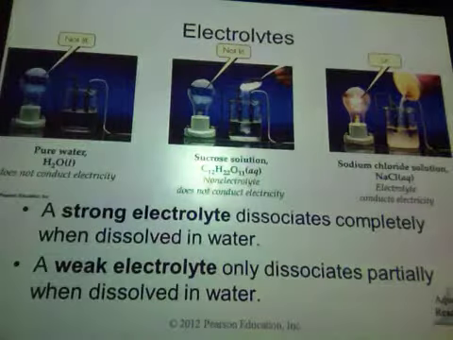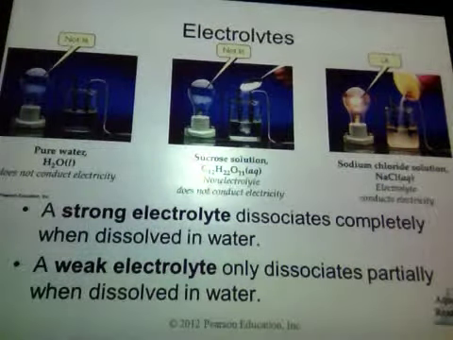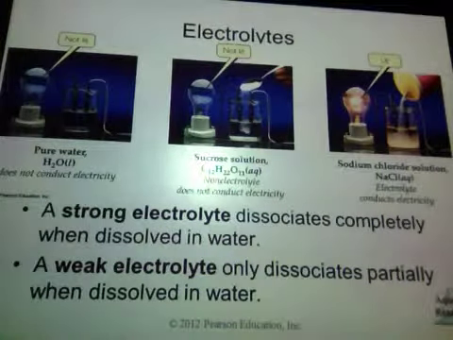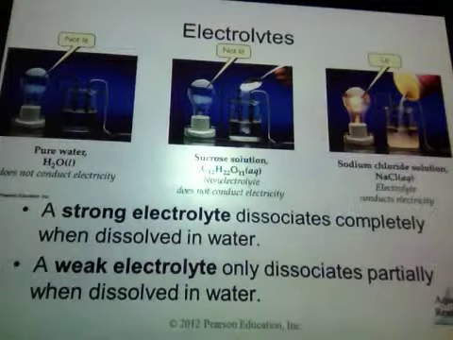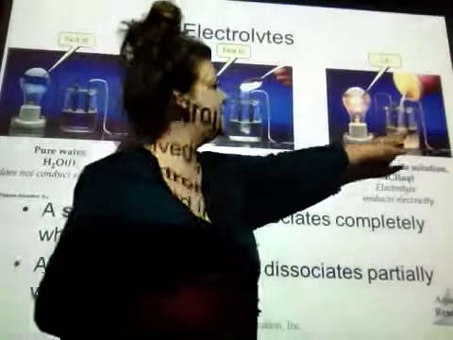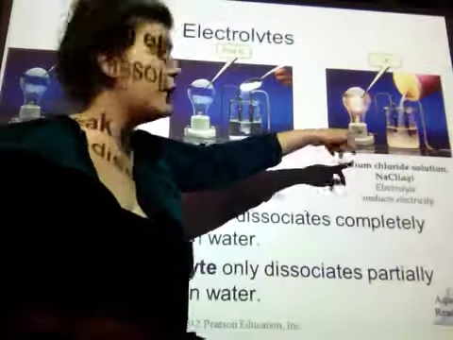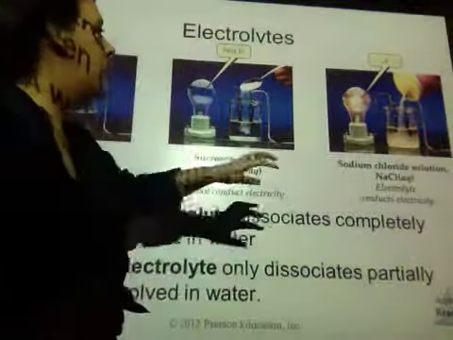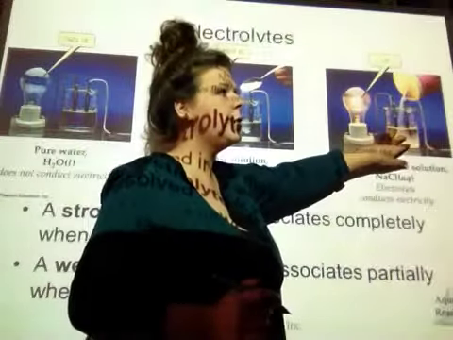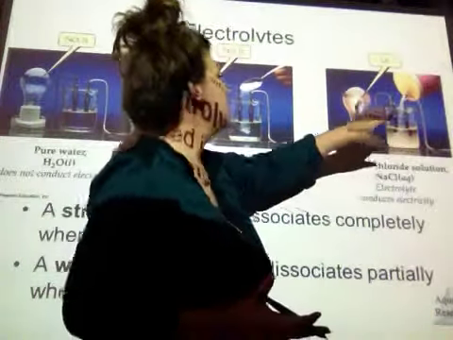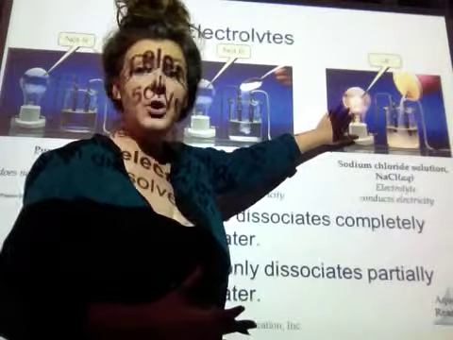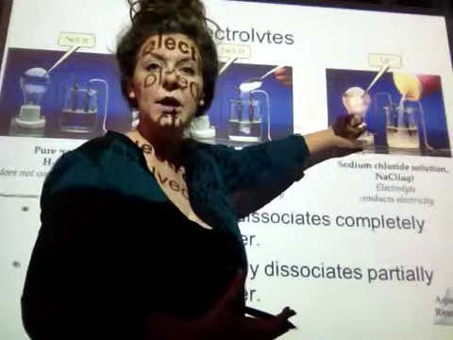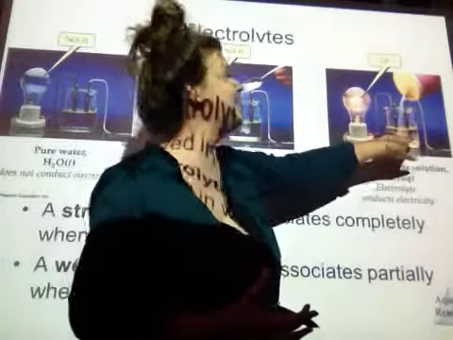Because these ions are present, they allow current, which just means the flow of electrically charged particles, between these two electrodes. This shows that there's a current flowing, so I see that this light bulb is going to shine. Because sodium chloride dissociates into ions, I have a flow of current, and that produces light. So I see electricity working here because of those ions present in this solution.